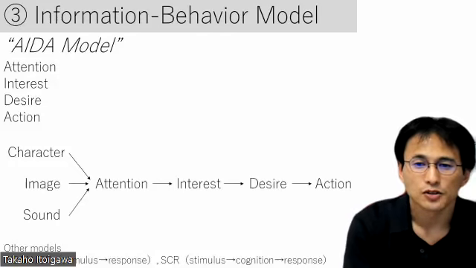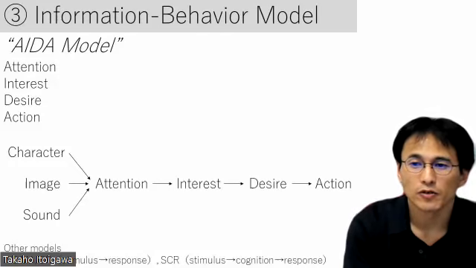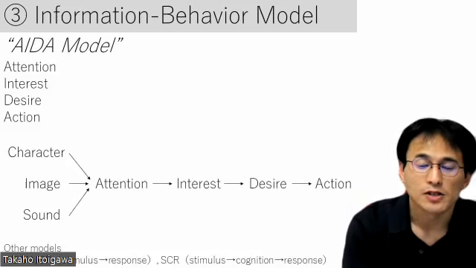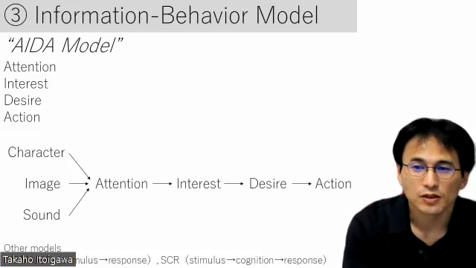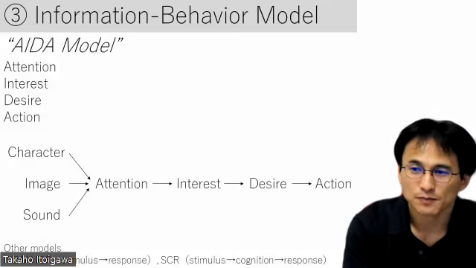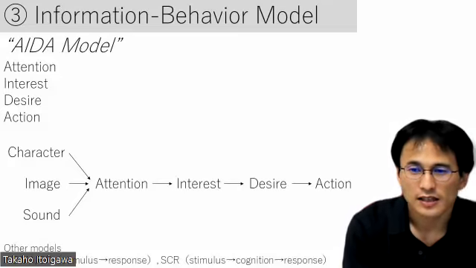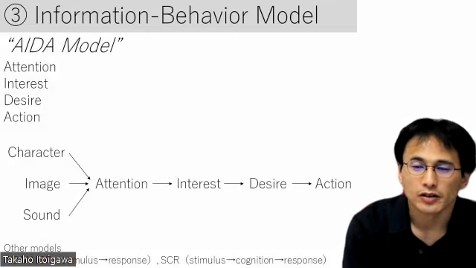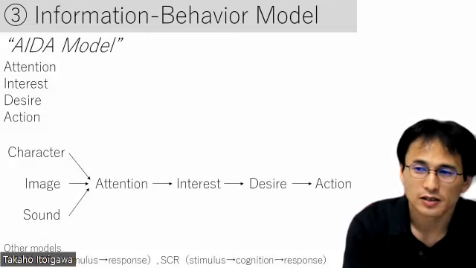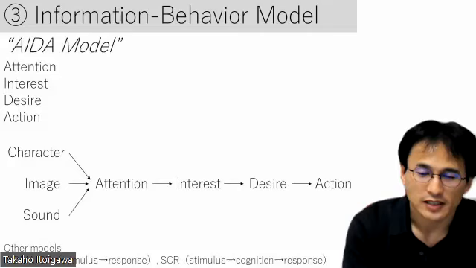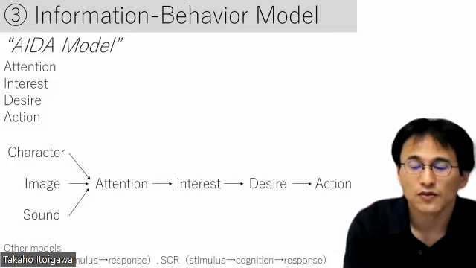Next, I introduce the model of the process from receiving information to taking action. This is called the information action model. A well-known information action model is the AIDA model, which stands for attention, interest, desire, and action. First, attention to the information is required. Next, interest in the information must be generated. Next, desire must arise from that information.